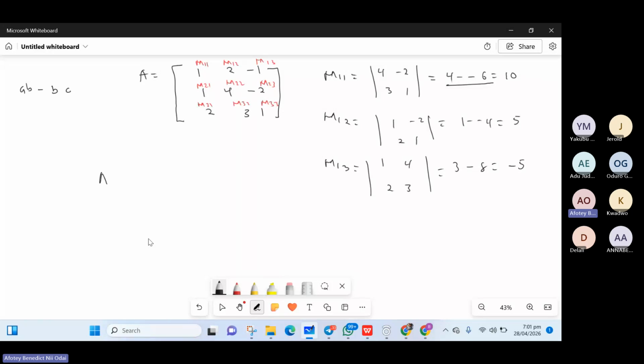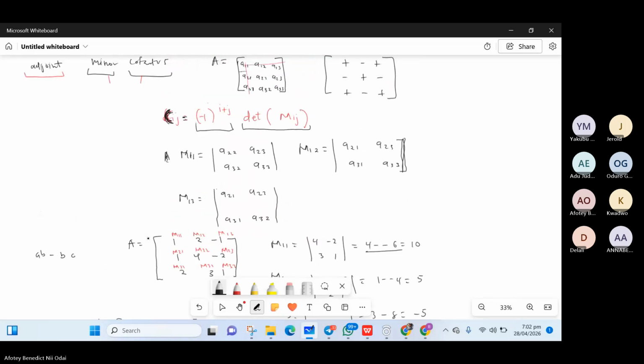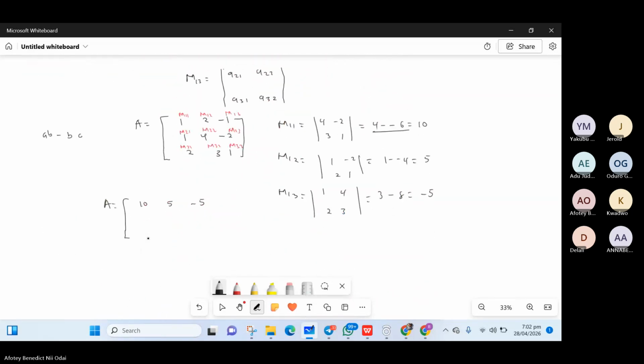So we have the matrix being equal to, we've already done 10, we've done 5, we've done -5. This gives us 5, -1.